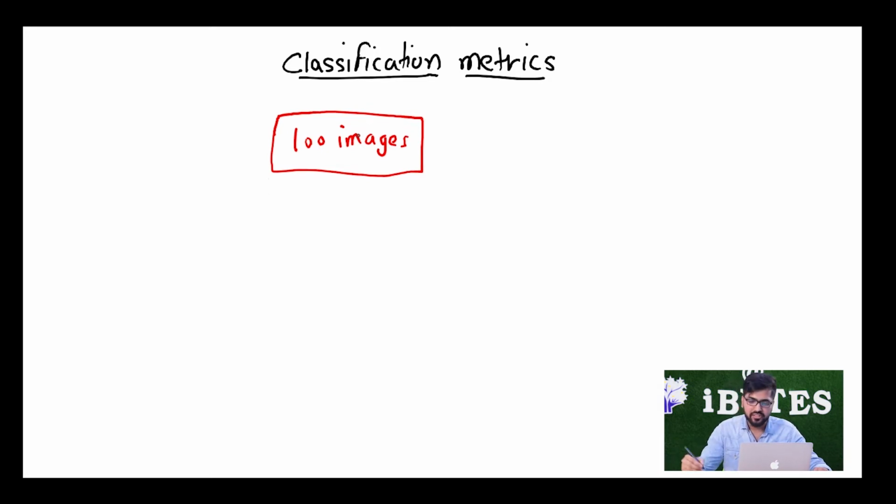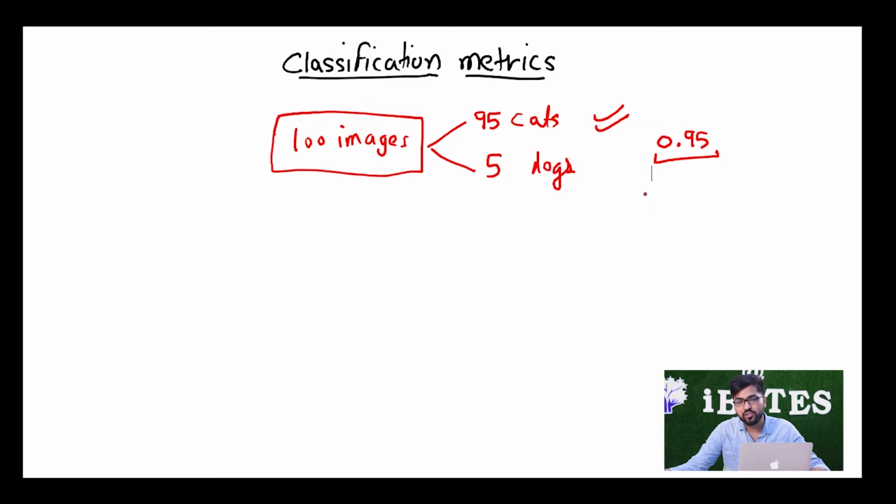But just try to consider, if in reality 95 belonged to cats and 5 belonged to dogs, and you, even before applying machine learning, started predicting each of them as cat, that you labeled all 100 as being a cat, then you would have been correct on 95 of the images. Basically, your accuracy would have been 0.95 in this case, right.